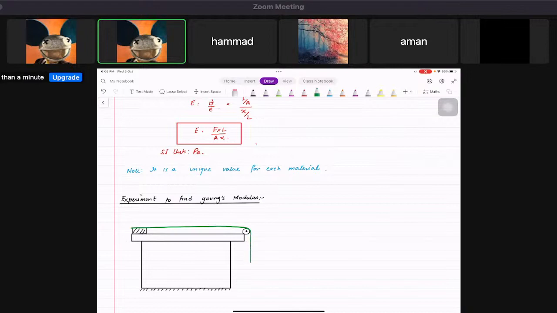Here you have a mass hanger. And to stop the wire from slipping, you use a G clamp.